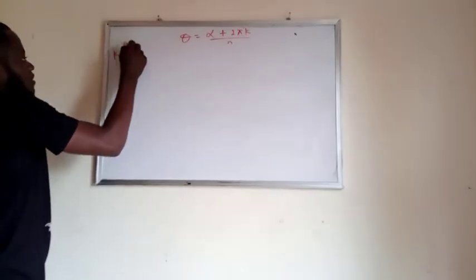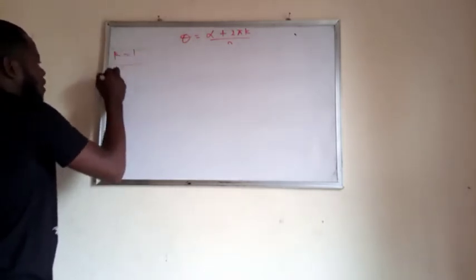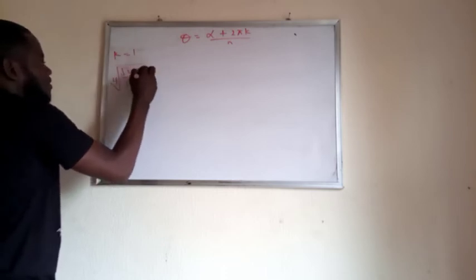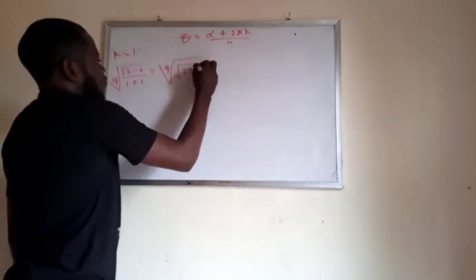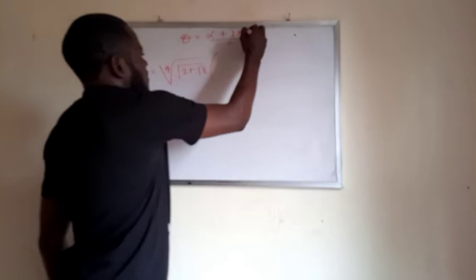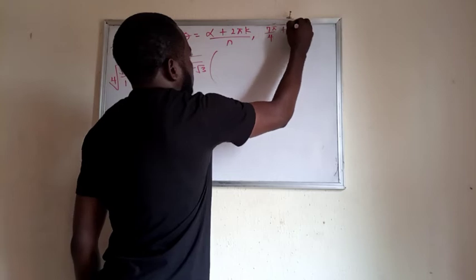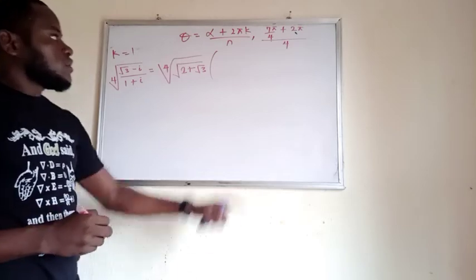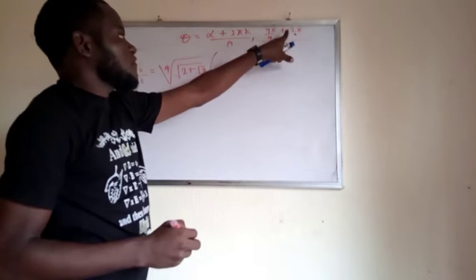So when k is equal to 1, that's our second root now. We are still going to have the fourth root of the square root of 3 minus I divided by 1 plus I equal the fourth root of the square root of 2 plus root 3 into bracket. Now, what's going to be the value of theta? The value of theta is going to be 7 pi over 4 plus 2 pi divided by 4. If I multiply this by 4, I'm going to have 8.